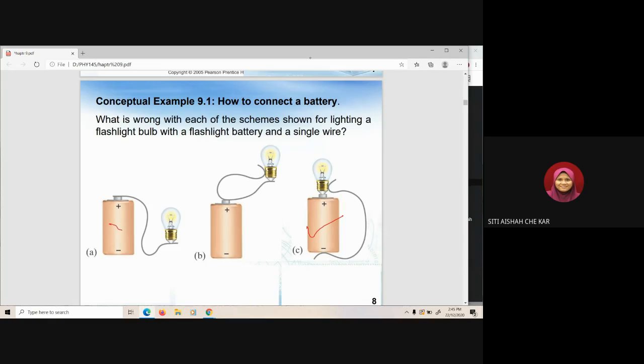For figure A, the bulb will be off, and also for figure B, the bulb will be off, because dia hanya sambung kepada negatif to positif to positif. So positif, sini pun positif. This one sambung pada satu saja. So the circuit is not complete. This one is complete. From the positive to the positive terminal of the lamp bulb, and then continue to the negative polarity of the battery.